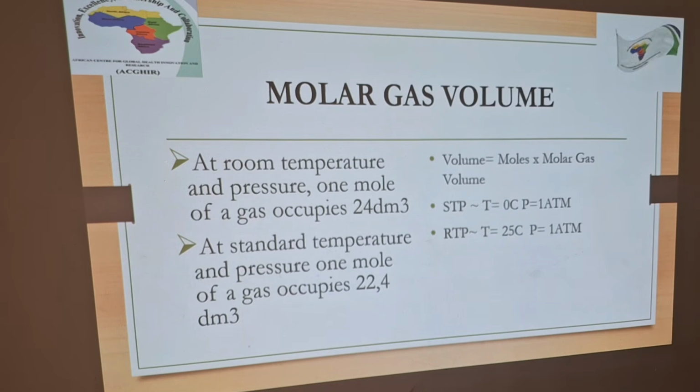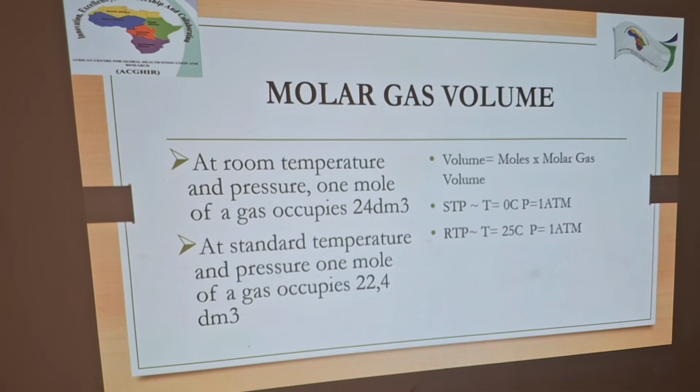And we know that 1 mole of any gas at room temperature occupies 24 dm cubed, and 1 mole of any gas at standard temperature and pressure occupies 22.4 dm cubed. So these are very, very important in as far as calculations involving gases are concerned.